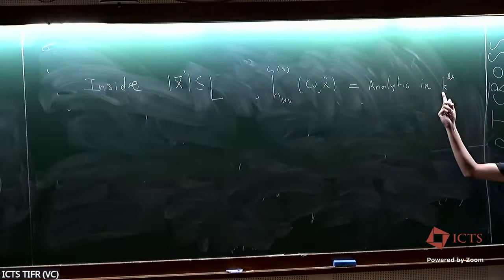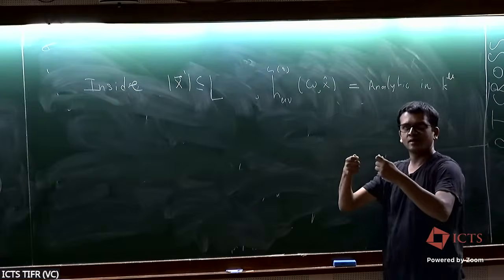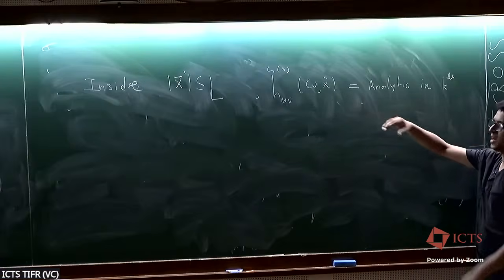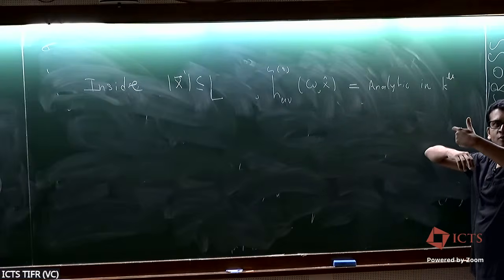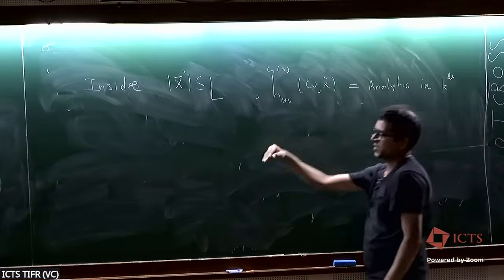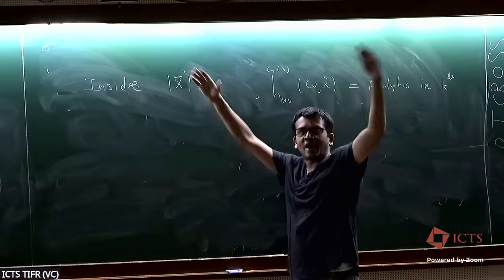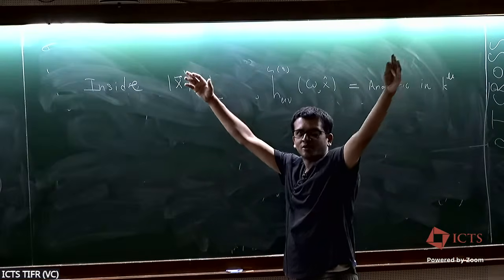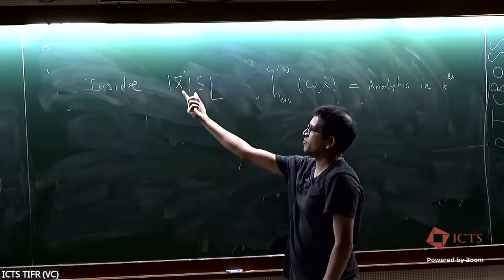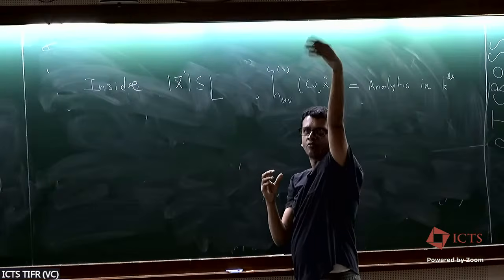Is it clear what I mean by this statement? That when you expand h mu nu, and if you are getting h mu nu contribution only from the stress tensor which is inside, then if you expand h mu nu, there can be no pole in h mu nu, because to get the pole in h mu nu, you should have the contribution from as far away from the center as possible. So whatever gravitational radiation we get from the inside, it cannot have any soft factor.